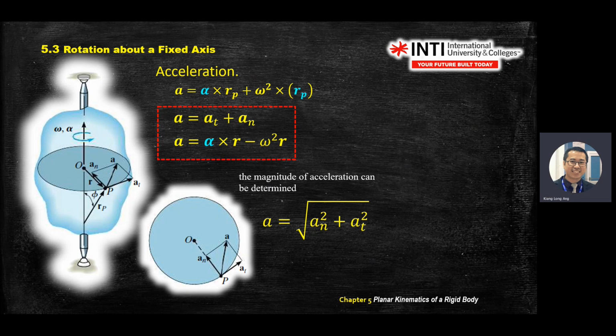Your tangent direction At, how do you calculate? You take alpha cross r. Then your An is minus omega square r. Normally students make mistakes, they forget about the negative here. Straight away use this one.